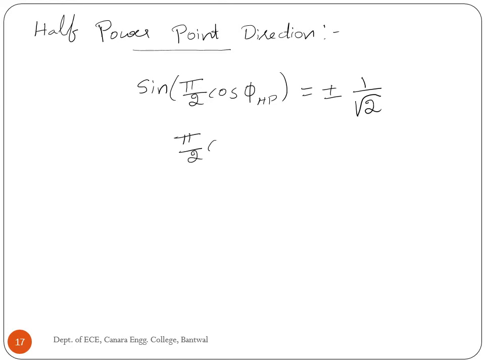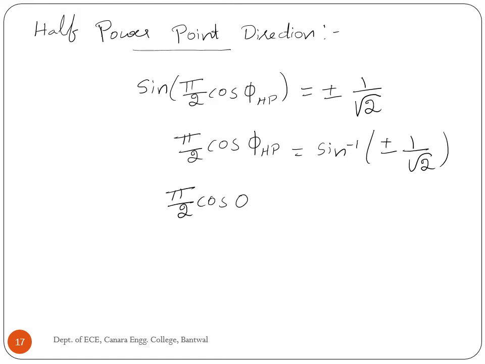Pi by 2 cos phi is sine inverse of plus or minus 1 by root 2. Pi by 2 cos phi is equal to plus or minus 2k plus 1 pi by 4.